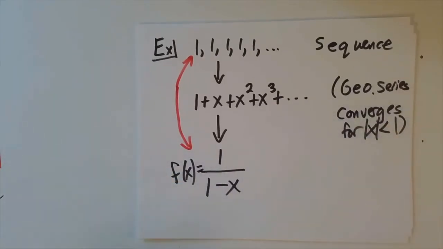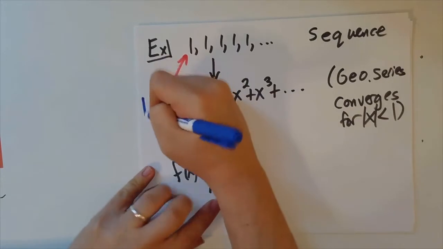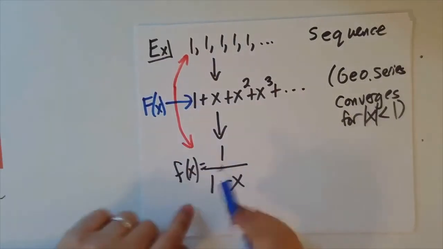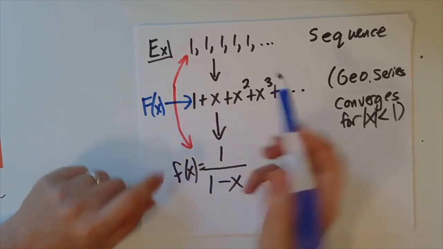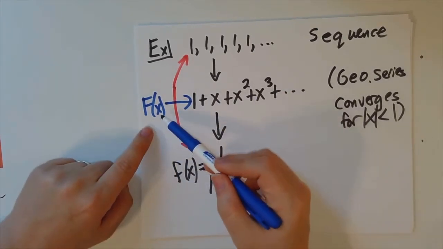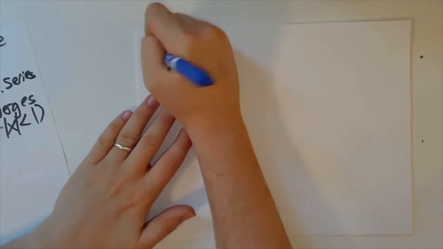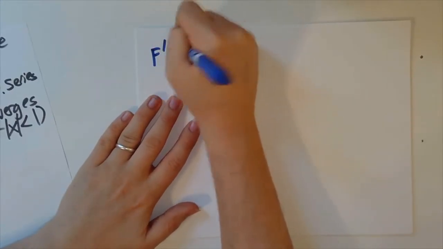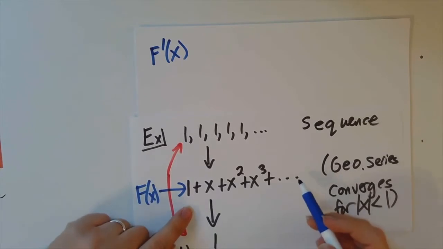So I'm going to go ahead and give this a name. And this is what I'm usually going to do when I'm doing this. I'm going to call the function by a little letter name and the power series by a big letter name. Okay, so that'll be my F of x. And so my F prime of x, remember, this is just literally the derivative of this power series, which is basically just a polynomial.